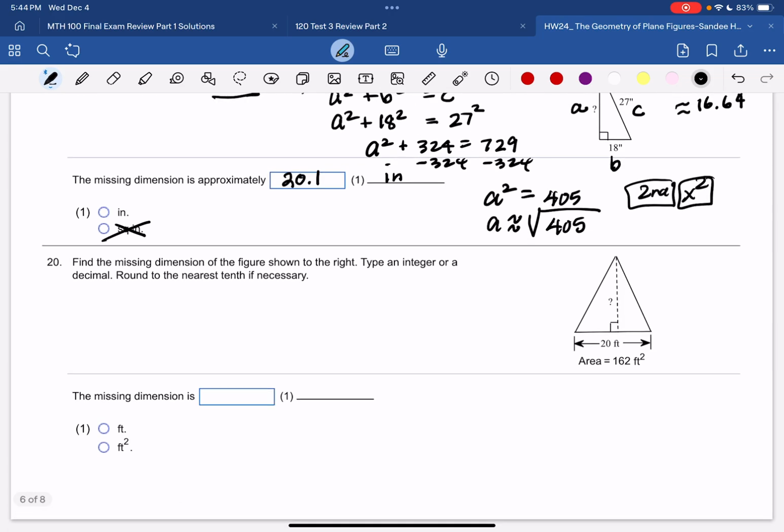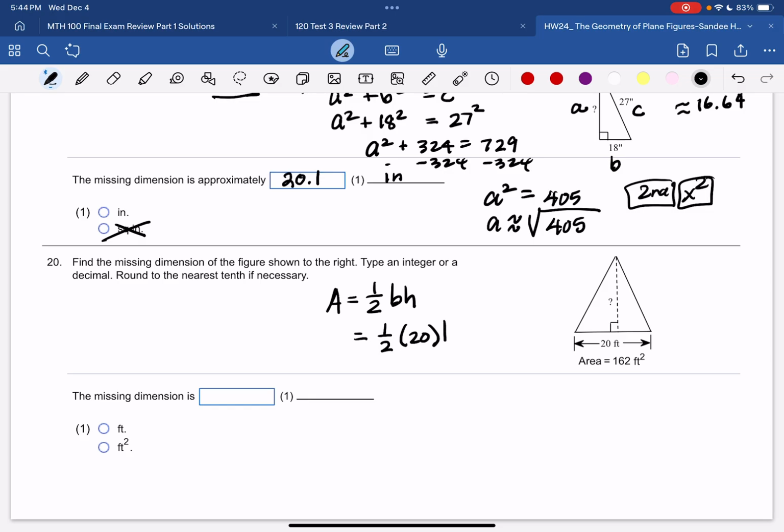Number 20. Find the missing dimension in the figure to the right. Type an integer or decimal. Round to the nearest tenth if necessary. Now notice this time they did give us area. And we know the formula for area is 1/2 base times height. We know the total base is 20.